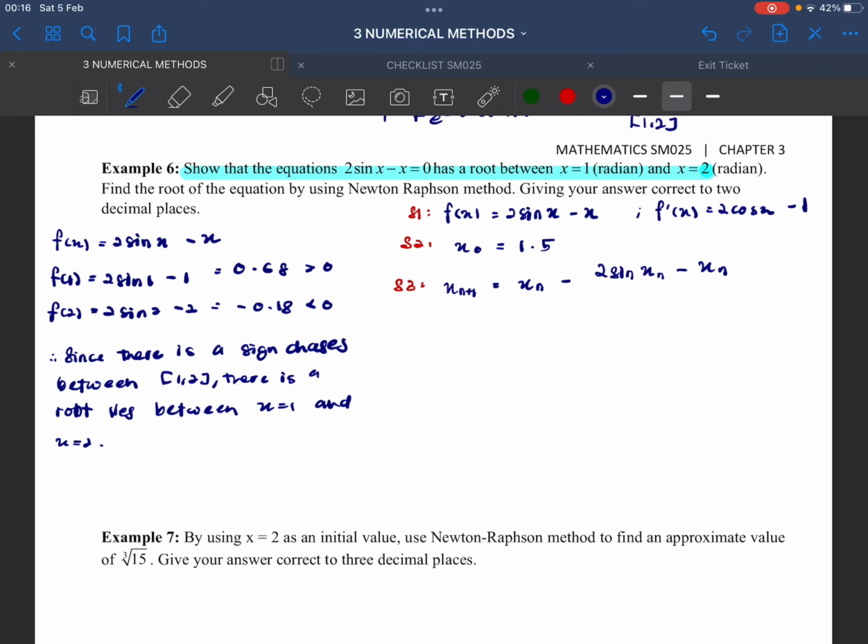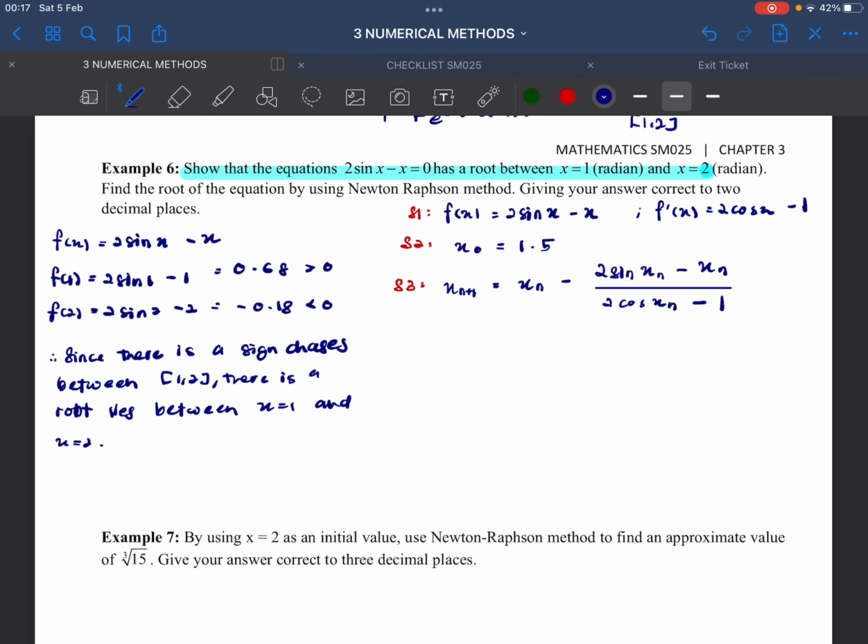Okay, just to represent it as the iterative process, we just put it as xn over f prime x, 2 cos xn minus 1. Okay, now we have the formula. Let's try to use our calculator. But remember first, the first 2 steps you have to show the substitution.